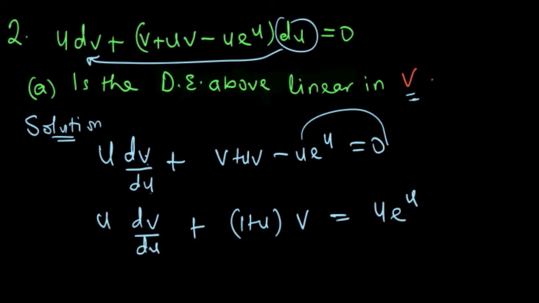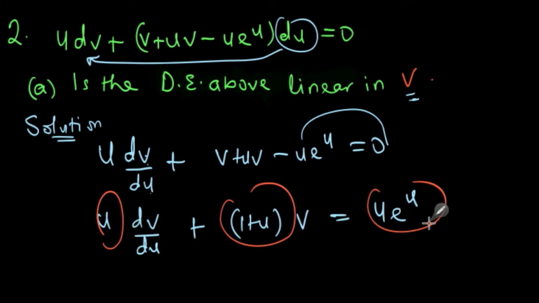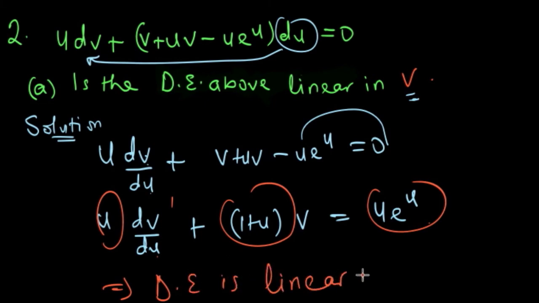Looking at all these terms, to determine if this is a linear equation in V, you observe that they are all functions of u. That implies that the differential equation is linear in V.